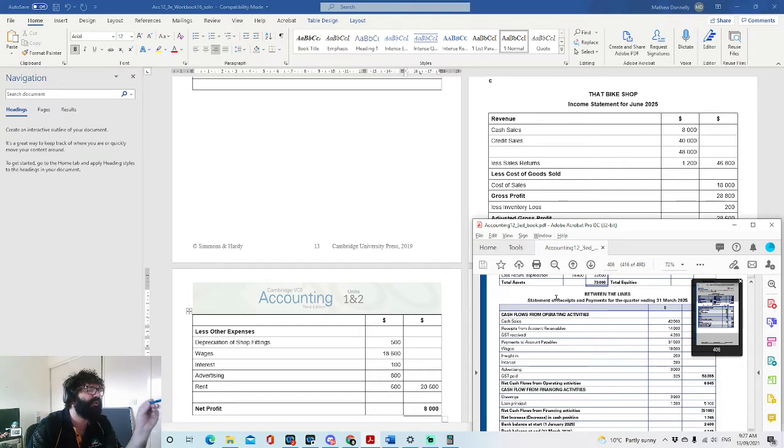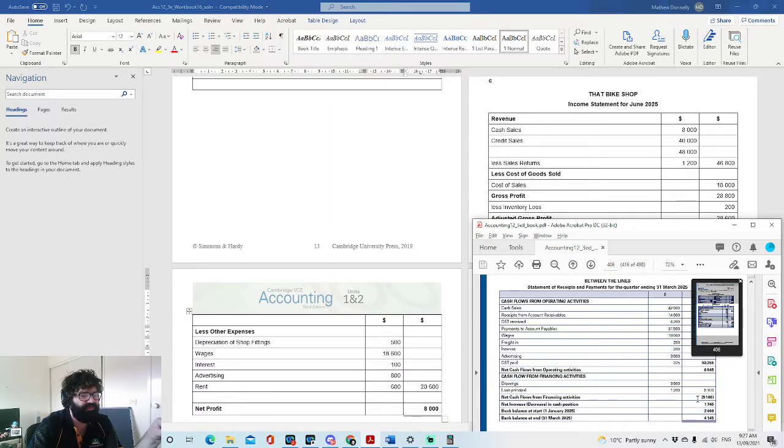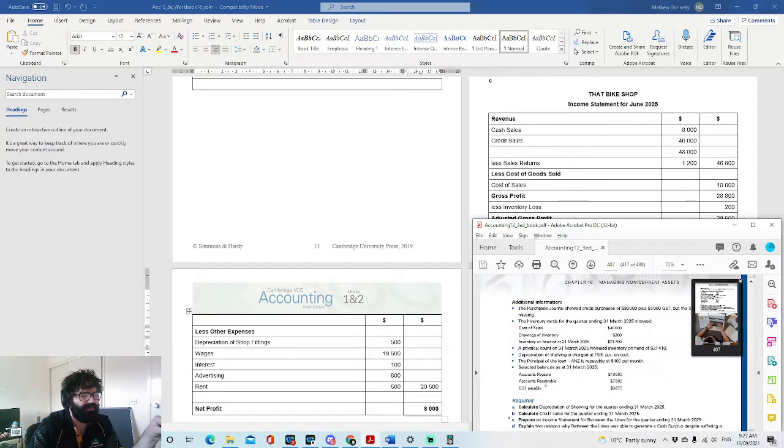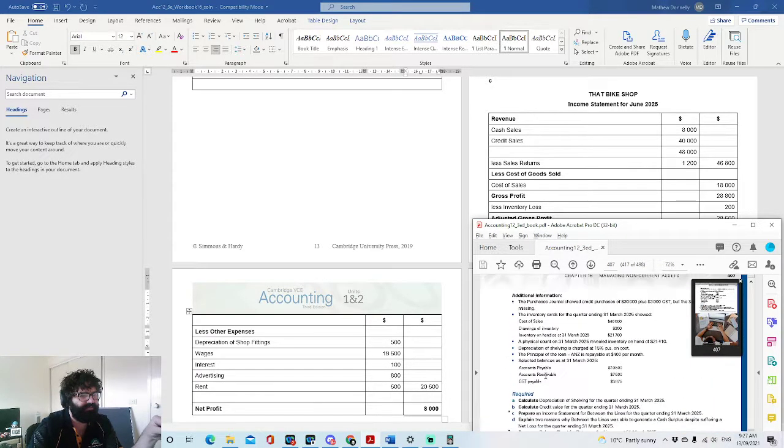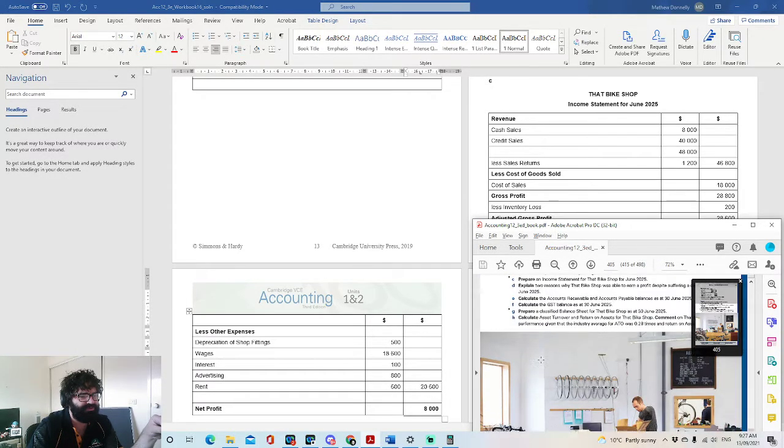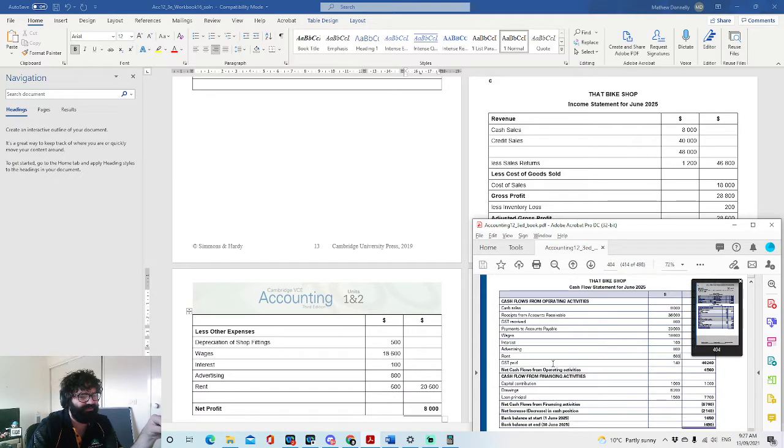So how can I earn a profit as a business while having a cash deficit? I'm on the wrong exercise, I just realized. So we'll get on the right one. How do I have a cash deficit of 2,140 but a net profit of 8,000? How have I done that?